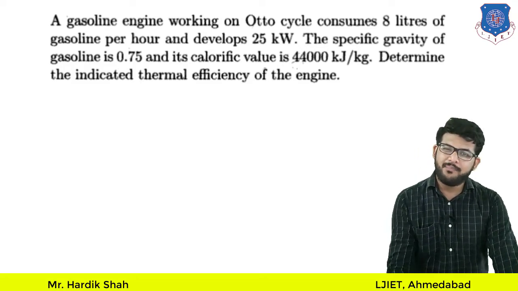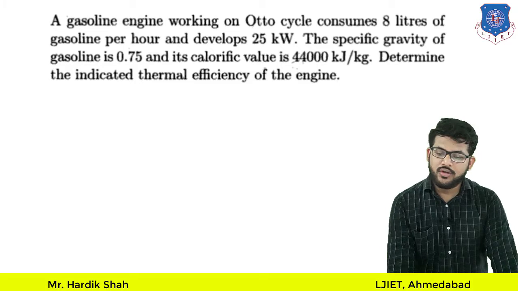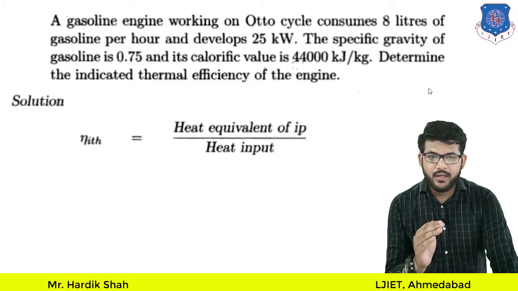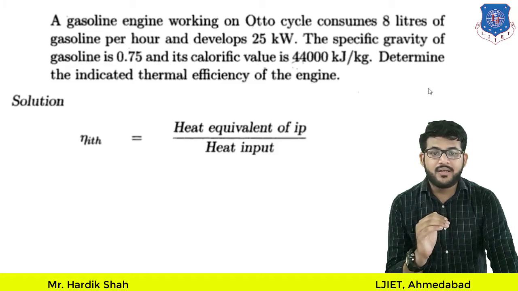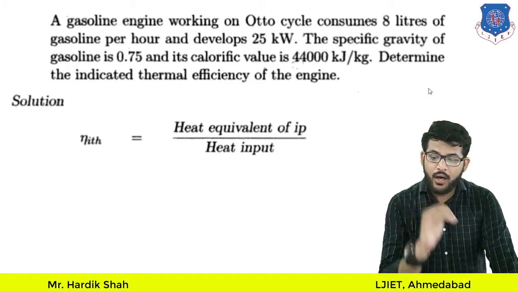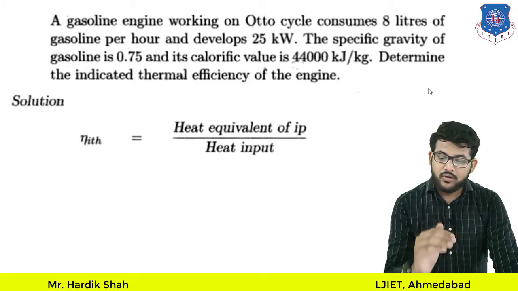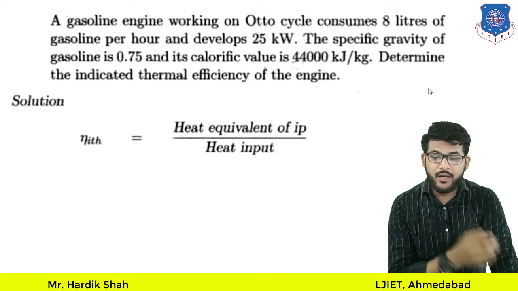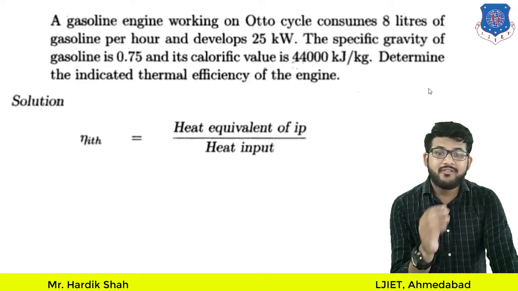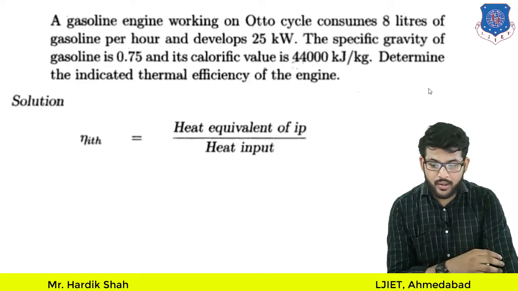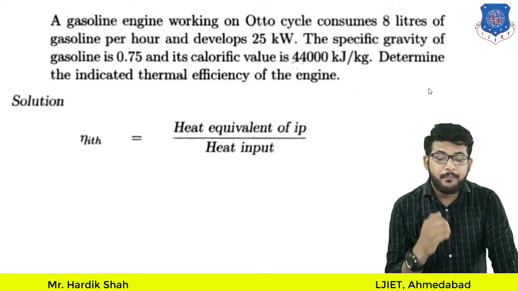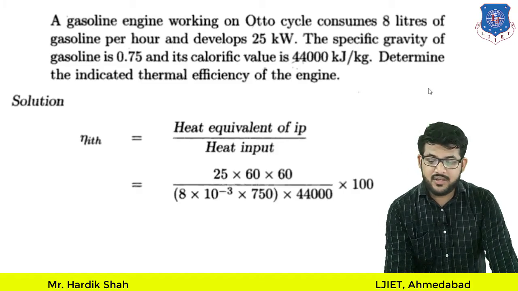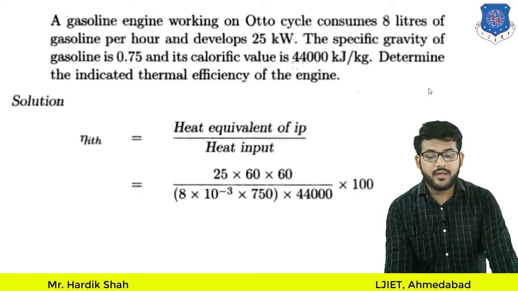So we need to find the simple efficiency of the engine. There is only a single formula: whatever power is generated inside the engine, or the heat equivalent, upon the real heat input. The heat equivalent is given as 25 kilowatt, and we need to find it on a percentage basis, so it will be 25 upon heat input.